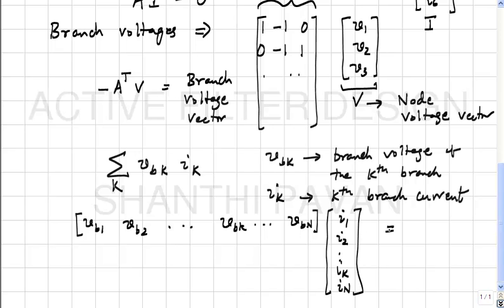This is what the sum over k of VBK IK means, isn't it?